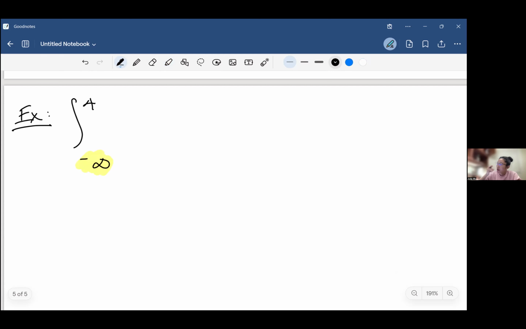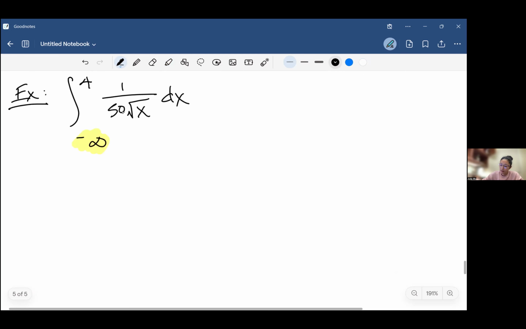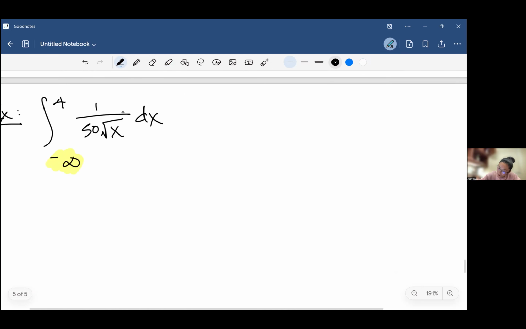Okay. All right, let's make up a function. Let's say 1 over 50 square root of x dx. Okay. All right. We want to write this as the integral from a to 4. Okay.